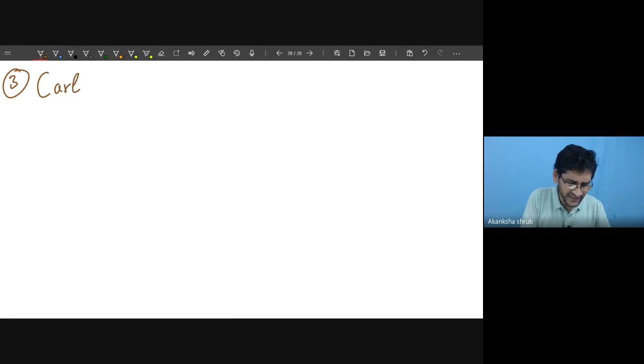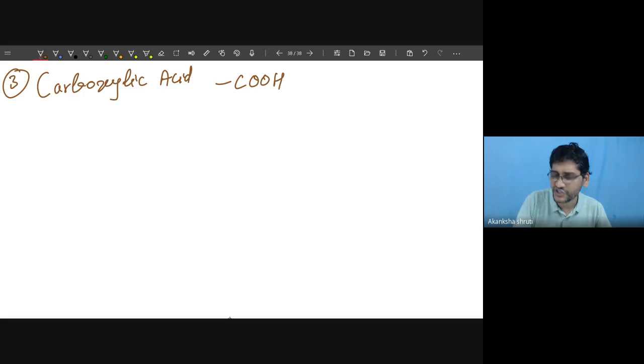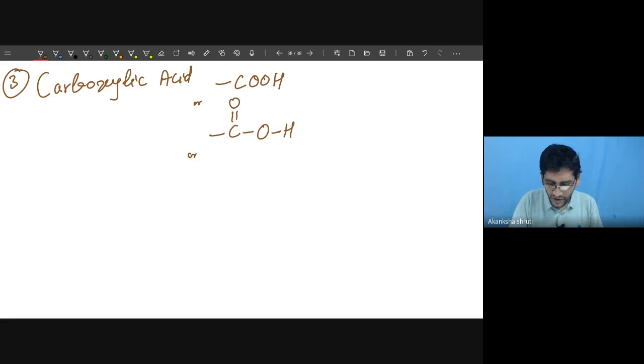Student, their structural formula in compact form is written as COOH, but in open form or with the bond form, 1 carbon attached with the oxygen and the other oxygen, and this oxygen is attached with the hydrogen. So write in this form, or this carbon, because the tetravalency of carbon has to be satisfied, with OH. All mean the same thing. All are the same. Okay.